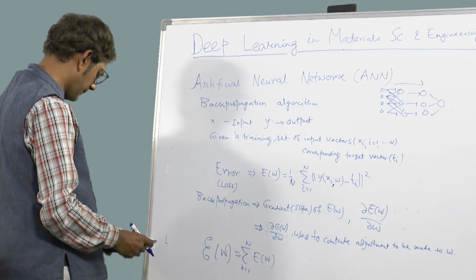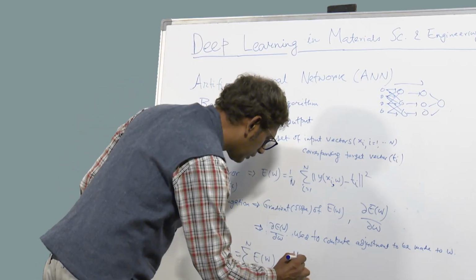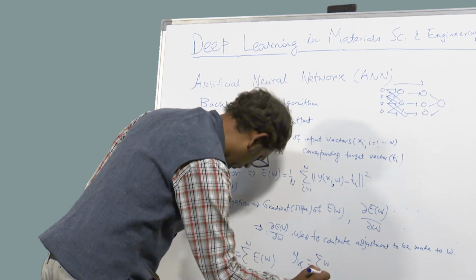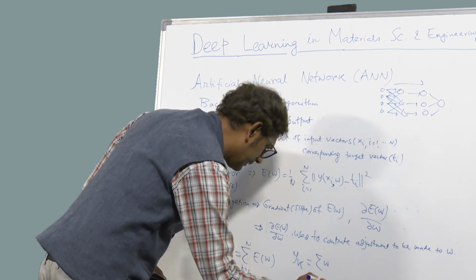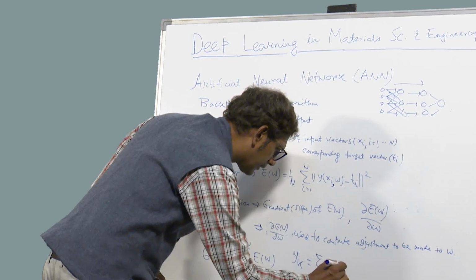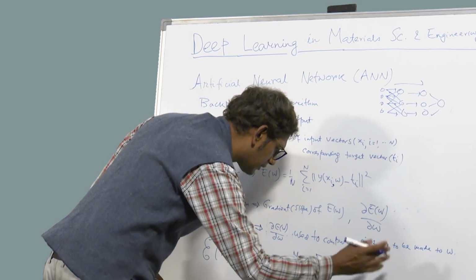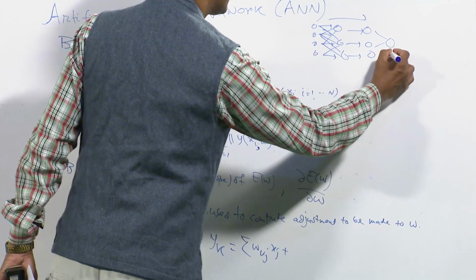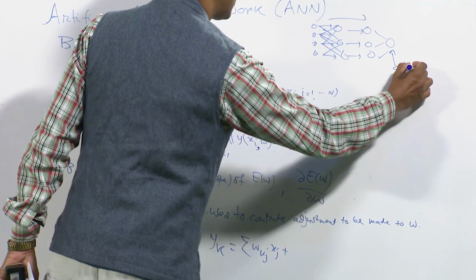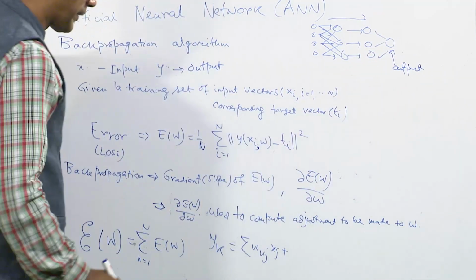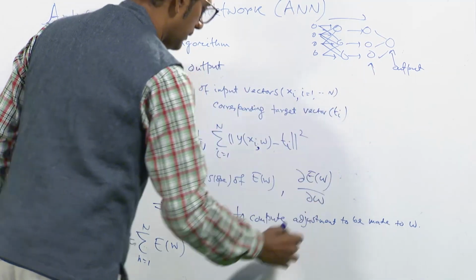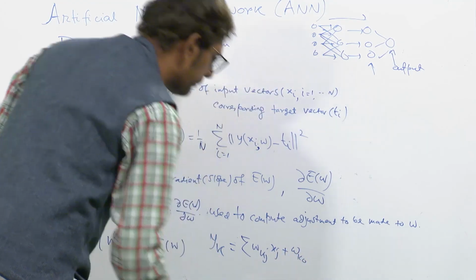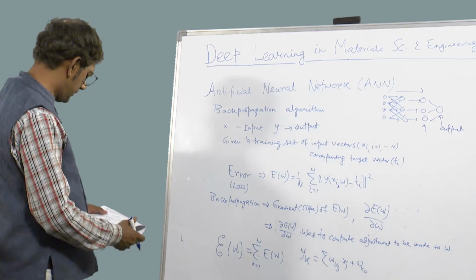And your output yk is the sum over j of w_kj xj plus, in the last layer, the output operated here in this layer, plus w_k0. Am I clear? That is what it is.